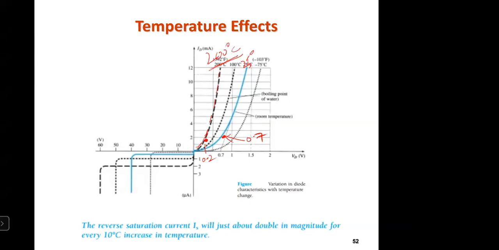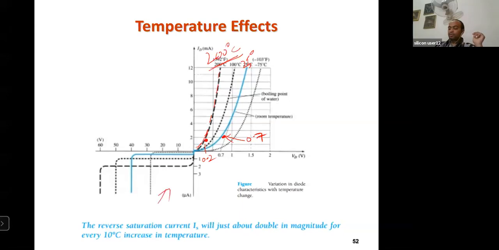Now, similarly, if you go to the negative side, what you are finding out? Look at this same blue curve at 25 degrees, and this one is for 200 degrees. You find that this blue line is very close to the x-axis, but this 200 degree line is very far from the horizontal line.